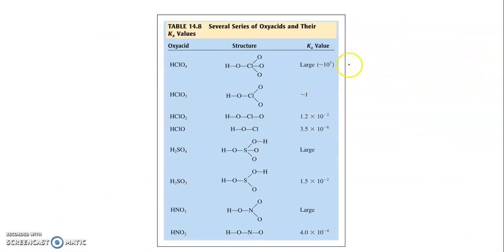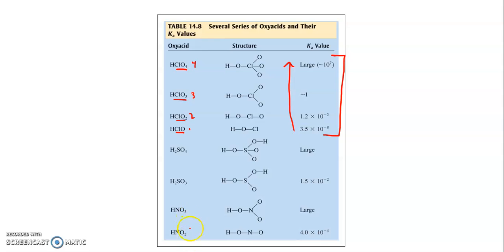Here are some examples of oxyacids. If we look at the first section, comparing chlorine, you have hypochlorite, chlorite, chlorate, and perchlorate. By looking at the Ka values, as the number of oxygens increases from 1 to 2 to 3 to 4, the Ka value gets much larger until you reach perchloric acid.